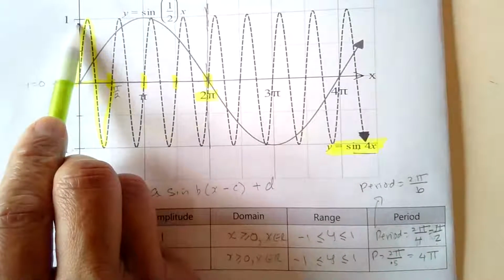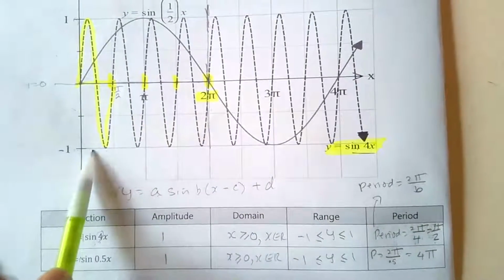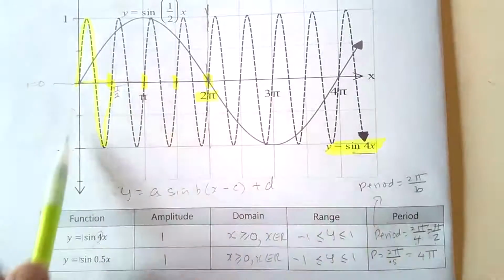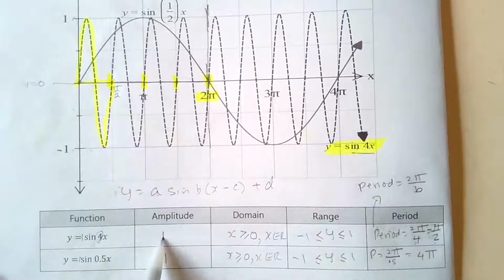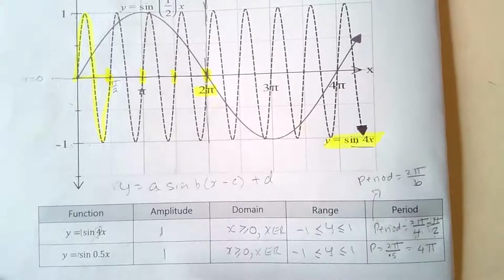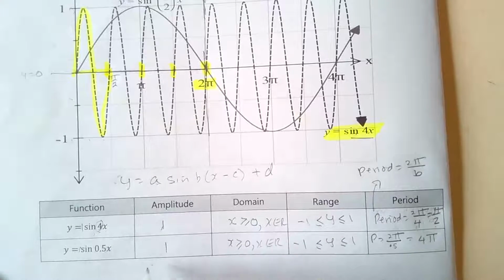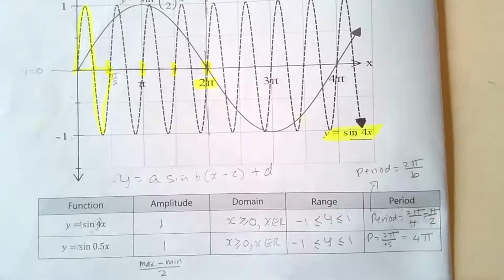So here, our maximum is 1, minimum is -1. So 1 minus -1 is 2, 2 over 2 is 1. So we get an amplitude of 1. Amplitude is your maximum minus your minimum divided by 2.